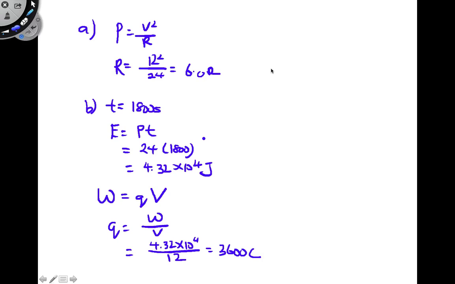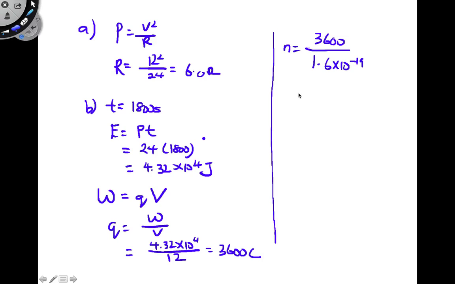But since it's asking for the number of electrons, you need to work out how many electrons will give you 3600 coulombs. I find n by taking 3600 divided by the charge of an electron, 1.6 times 10 to the power negative 19, and I get 2.25 times 10 to the power 22 electrons.